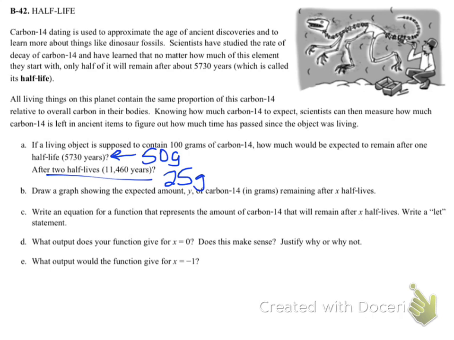Problem C wants us to write a statement here: how much can remain after x half-lives? So we're going to be writing our equation here. It also wants us to write a let statement, which is defining our variable. So we are going to let x equal the number of years and y equal the amount of carbon-14.